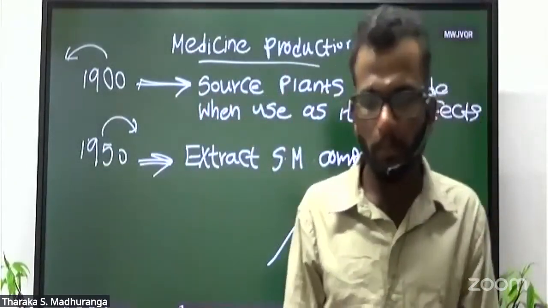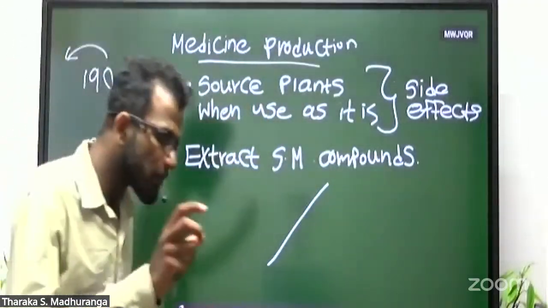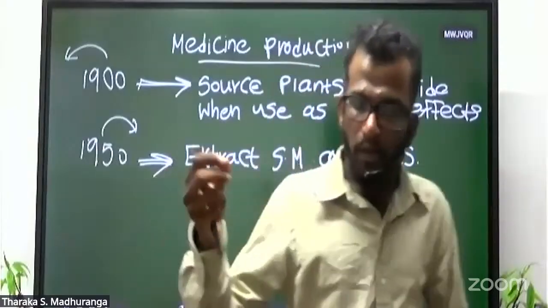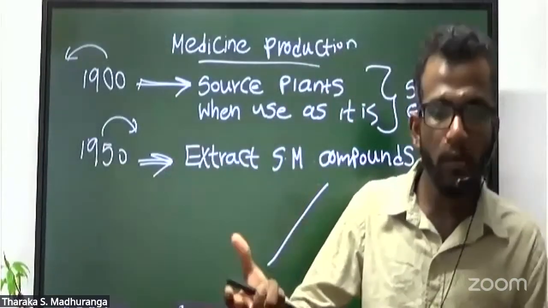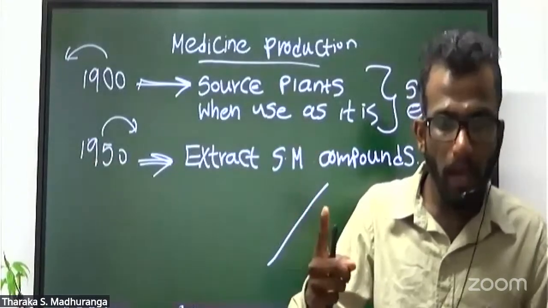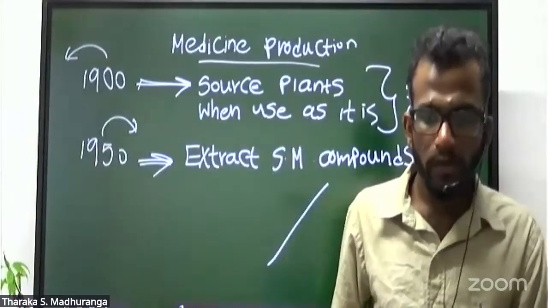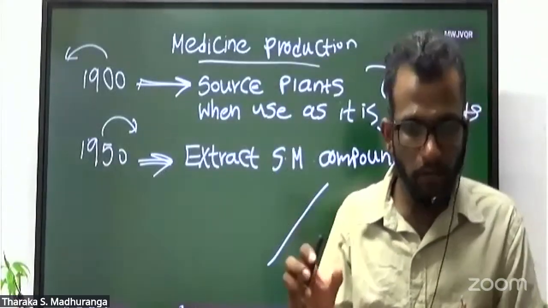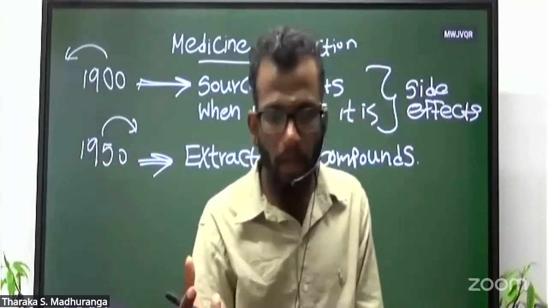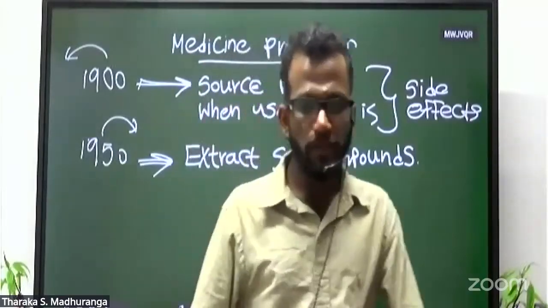Therefore, what happened? The amount of secondary metabolite present in one plant, the one plant or one organism has a very tiny amount of secondary metabolites. When we extract, one plant can give very few milligrams of secondary metabolites.